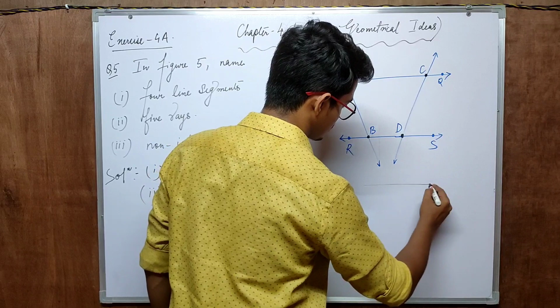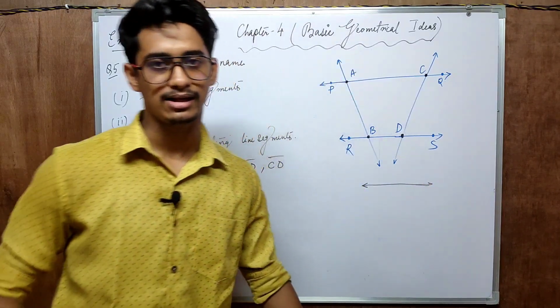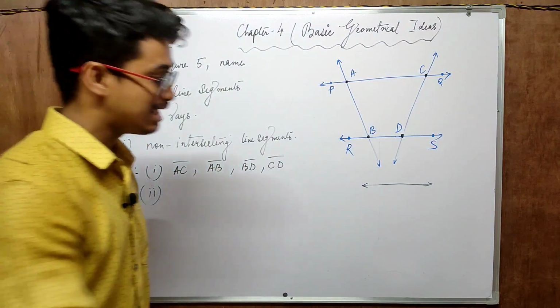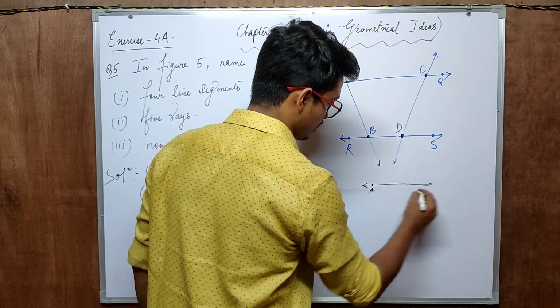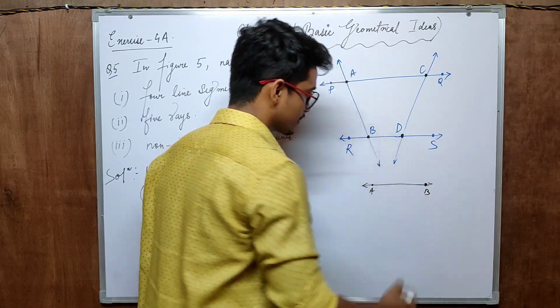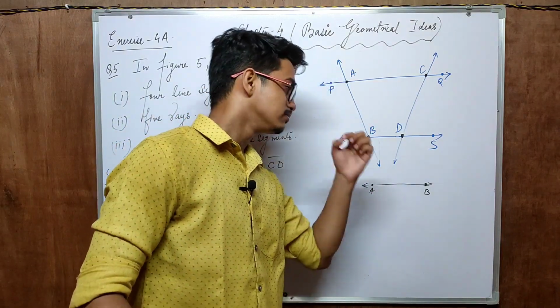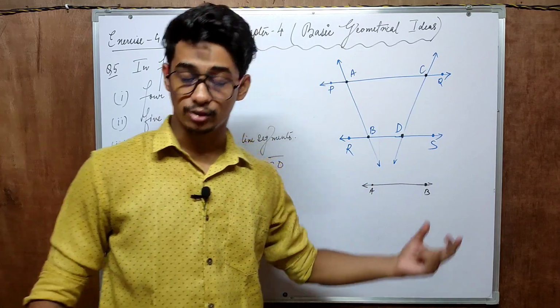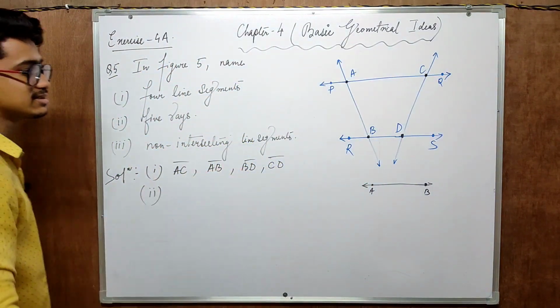Let's say I give one line. How do I write that line in this form? If I denote points A and B, at least I have to give a certain name to this line, to write it down in the answer script.